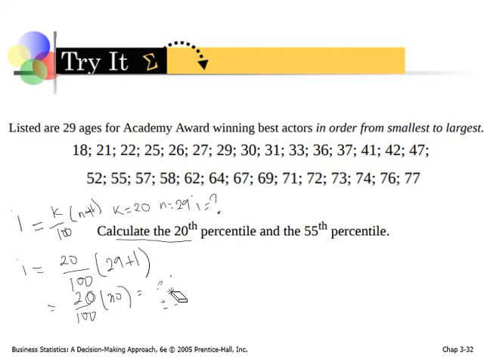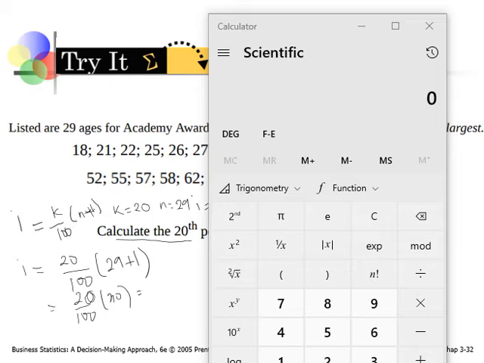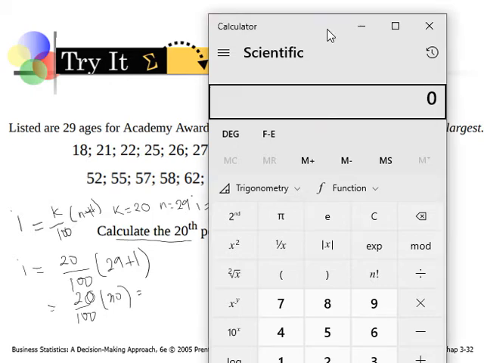Okay, so let's compute this. I will open the calculator. 20 divided by 100 is 0.2.